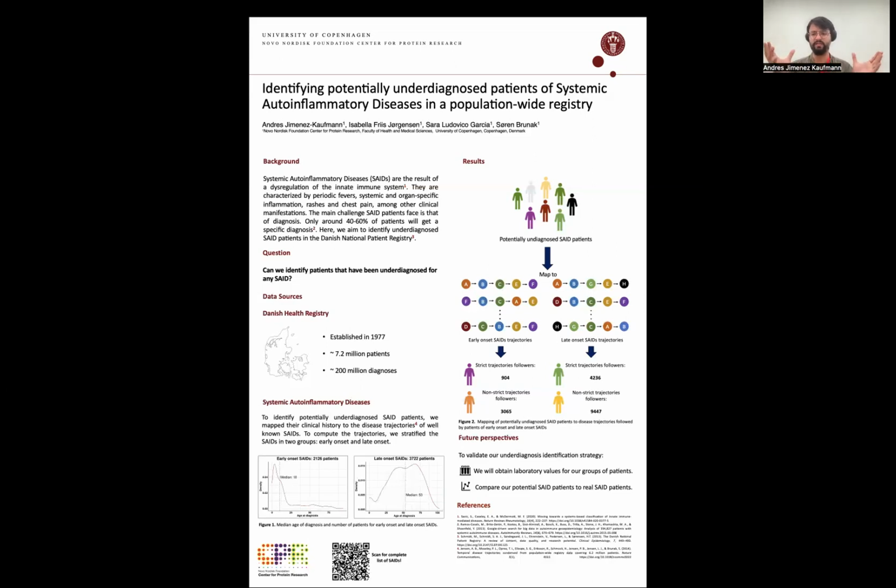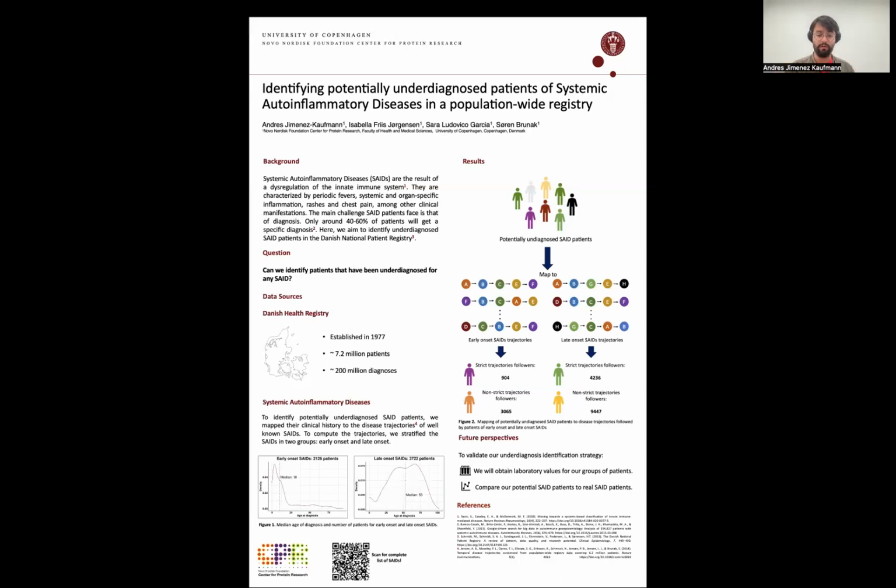I took all the patients that have not been diagnosed with a SAID, and then for any particular patient, I asked, has this patient had this sequence of diagnosis events in their clinical history? Yes or no? So you can be a trajectory follower in two ways. You can be a strict trajectory follower if your clinical history has the exact events in the exact same order, or you can be a non-strict trajectory follower if you only have the diagnoses in any particular order.